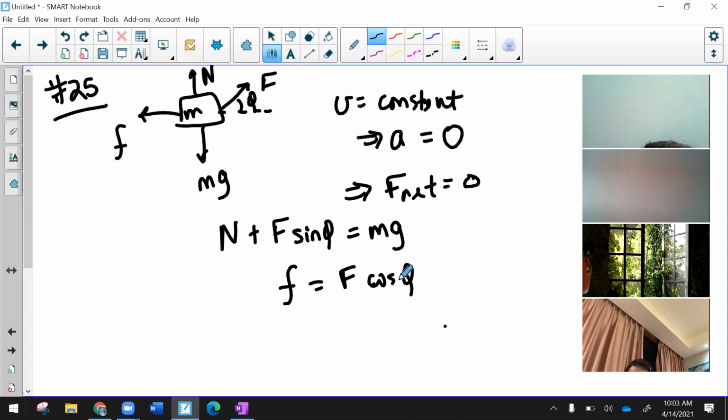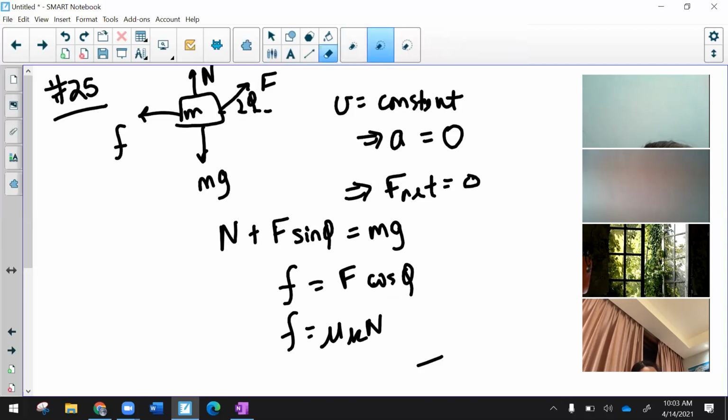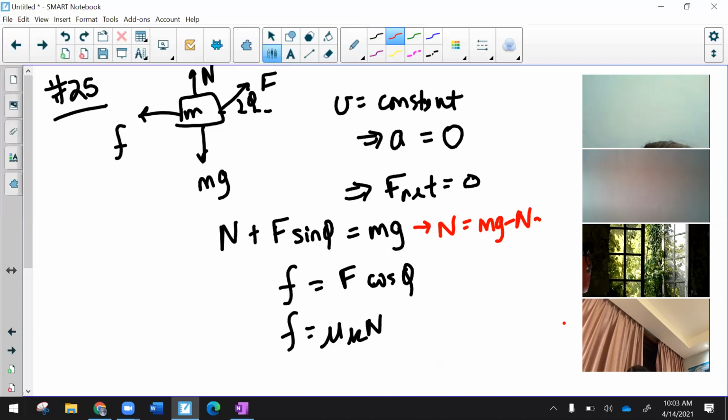So I've got to think about this a different way. I also know that my friction force is mu k times N. So I know from up here that N is equal to mg minus F sine phi.